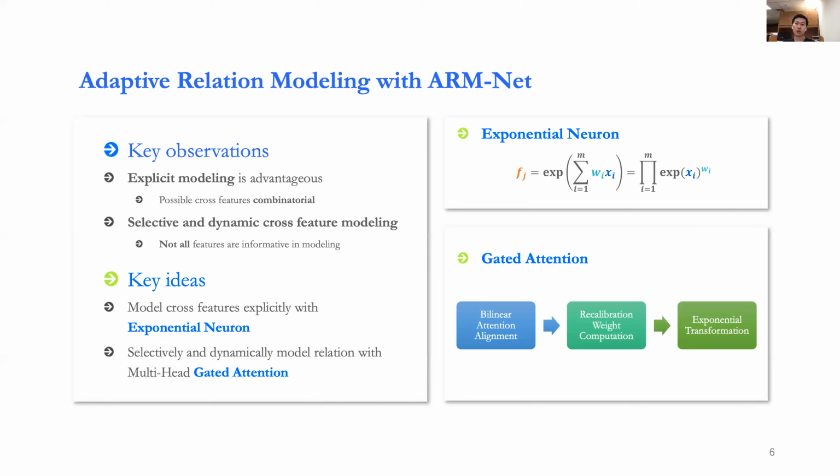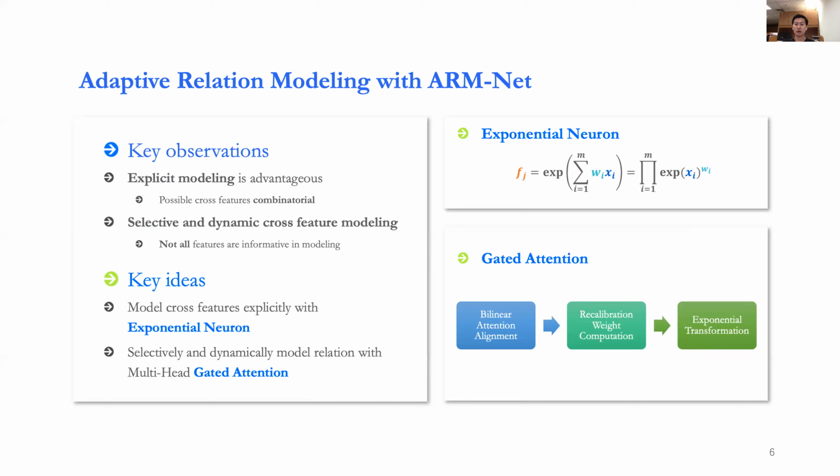And based on these two observations, we propose adaptive relation modeling for structured data learning by explicitly capturing cross features on the fly conditioned on the input. As compared with existing static modeling methods, the constituent features of our cross features are selectively and dynamically determined, which is more parameter efficient and effective.